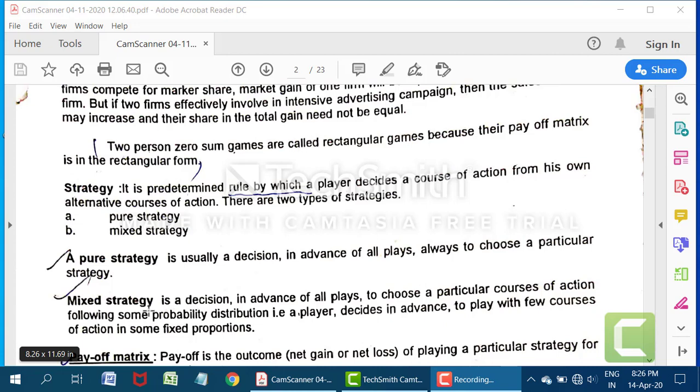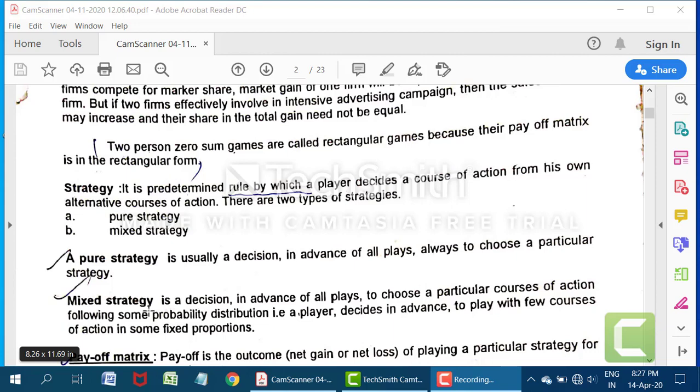So if it is possible to find the probability distribution with which he is going to choose the available strategies, then that is called the mixed strategy game. Each player cannot play with one particular best strategy in certain games. That's not possible. They are called mixed strategy games.